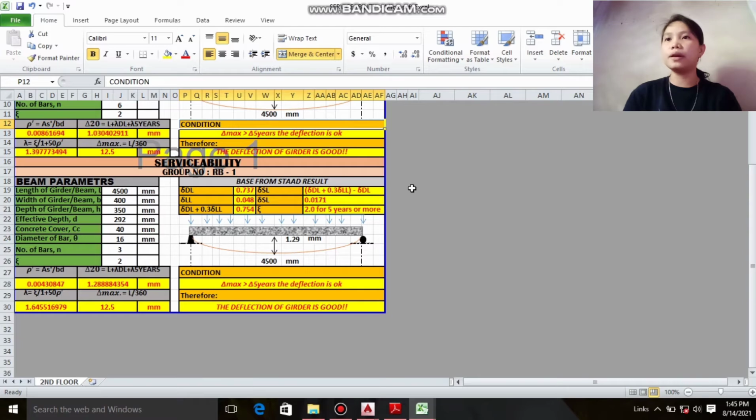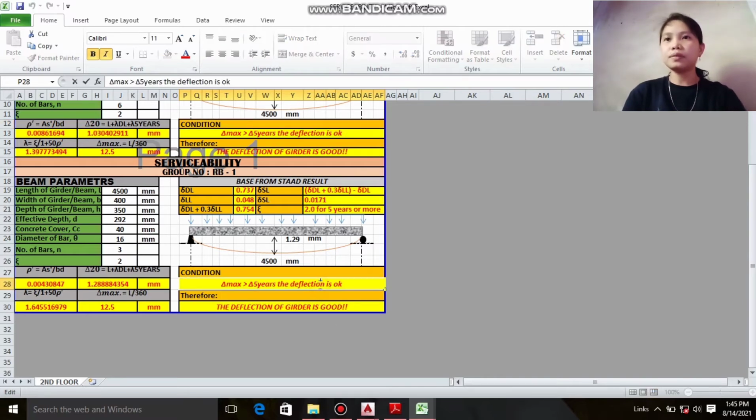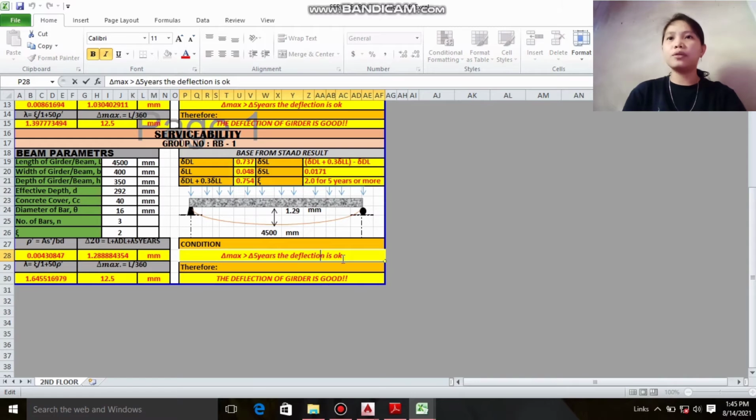And the effective depth is 292 mm. The concrete cover is 40 mm. The diameter of bars 16 mm. The number of bars 3. So this condition is a maximum of 5. The deflection is okay, the deflection is good.